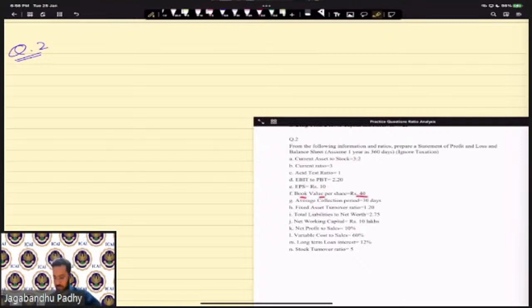Book value per share is 40. Average collection period is 30 days. Fixed asset turnover ratio is 1.2. Total liabilities to net worth is 2.7. Net working capital of 10 lakhs. Net profit to sales is 10%. Variable cost to sales is 60%. Long-term loan interest is 12% and stock turnover is 5.